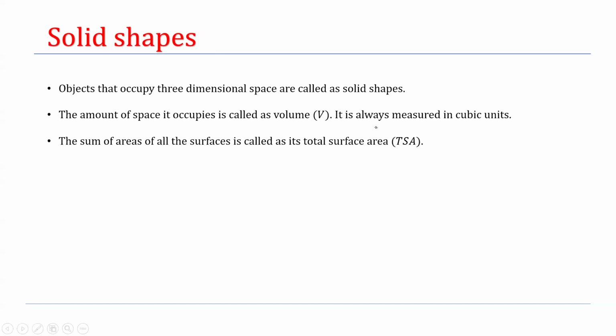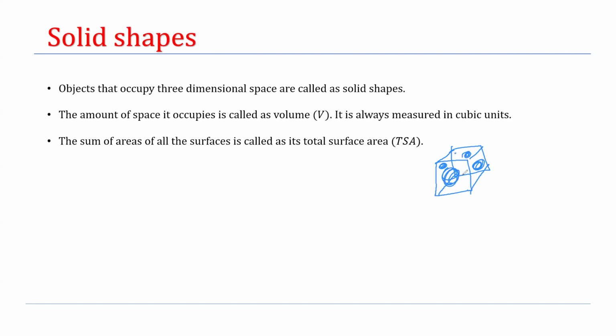And there is one more thing called lateral surface area. Lateral surface area means, when we are calculating the volume, assume this is a cuboid. This front there is a surface. This side we will have a surface. Back also we will have a surface. This right also will have a surface.